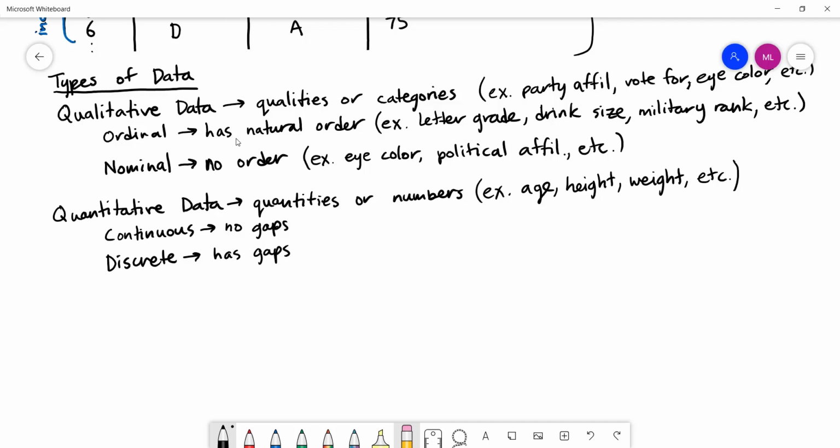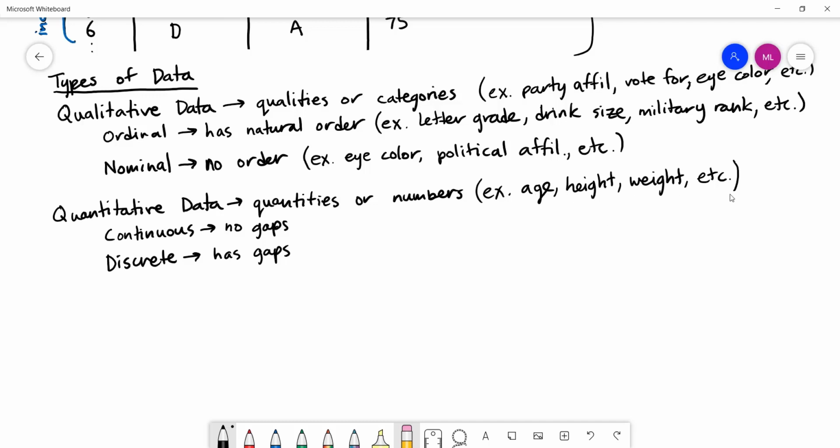And these can be kind of tricky, discrete versus continuous. If we look at the examples that we have here, age, height, weight, etc., all of those categories can be treated either way, and it's going to be context dependent whether we're considering this data to be discrete or continuous.